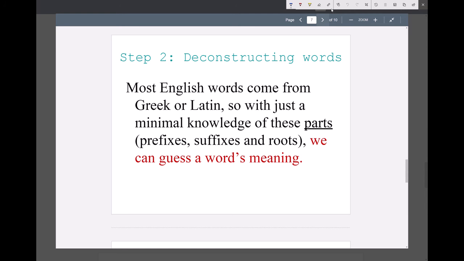So here's a tip for deconstructing words or breaking words down into smaller parts. Okay, so here's a tip for this. Most words in English come from Greek or Latin.